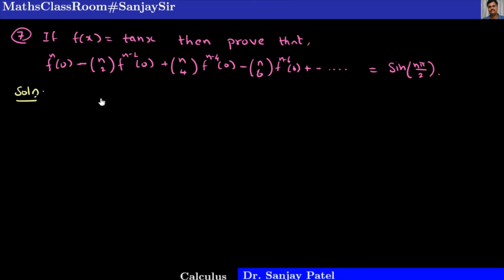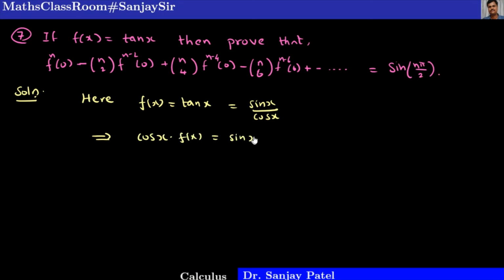Here the given function is f(x) is equal to tan x, and tan x is sin x upon cos x. So I can write this as cos x into f(x) is equal to sin x. Now we take the nth derivative on both the sides.